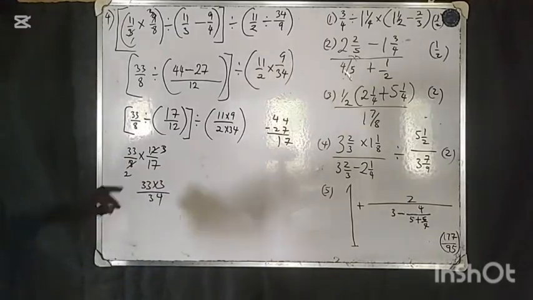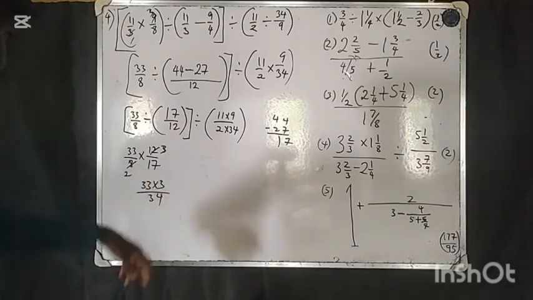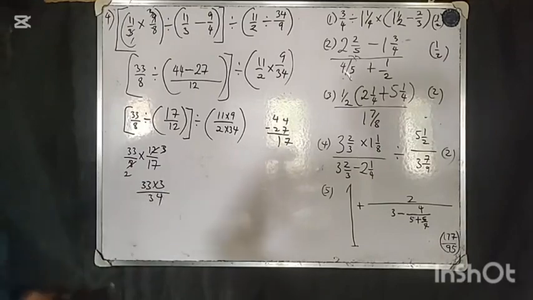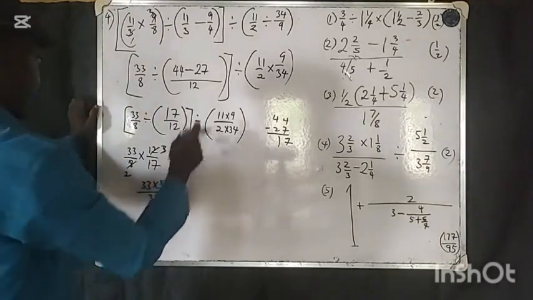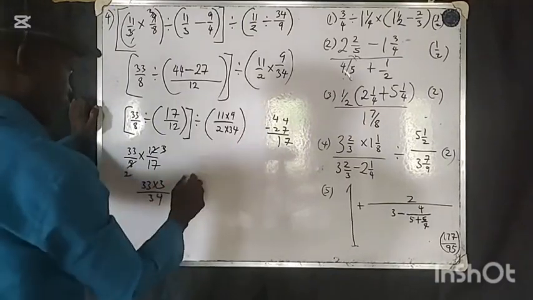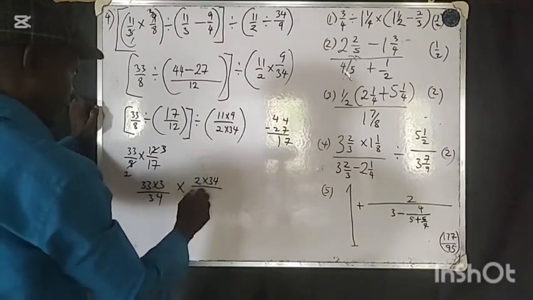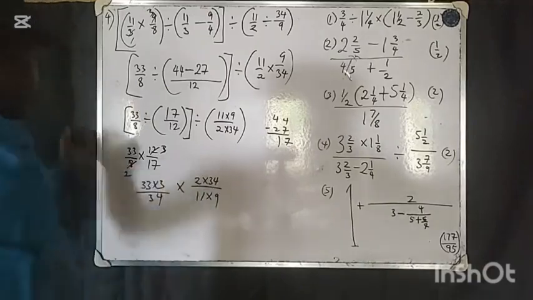Right? Let's check again. 33 over 8. Yes. 4 here 2, 4 here 3. 3 over 34. Then we change this division sign to a multiplication sign. Everything down goes up. So we have 2 times 34 and we have 11 times 9.